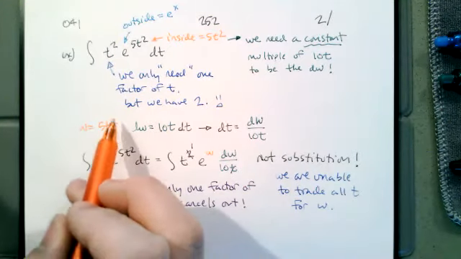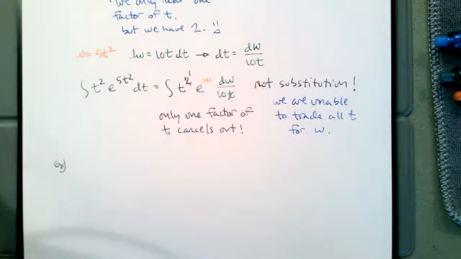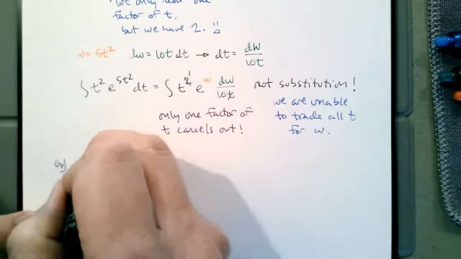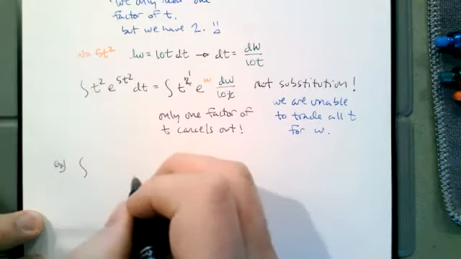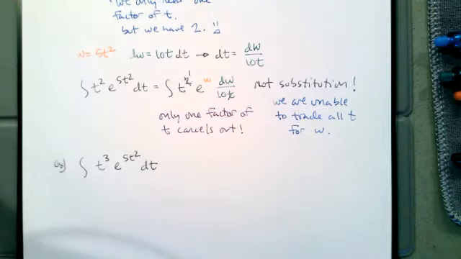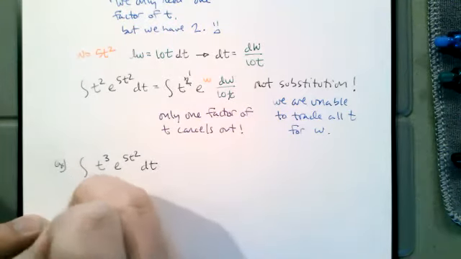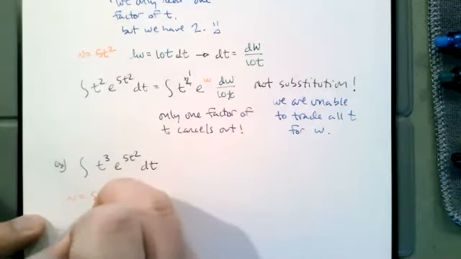And that makes me decide that I want to do this. We're not going to know how to integrate the one that comes up, but it will be a good indication of making substitution actually work. If I have t cubed out here, if we make the substitution w equals 5t squared, that requires that dw be a factor of t, one of these factors of t.